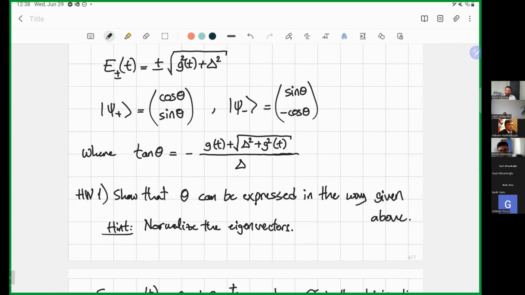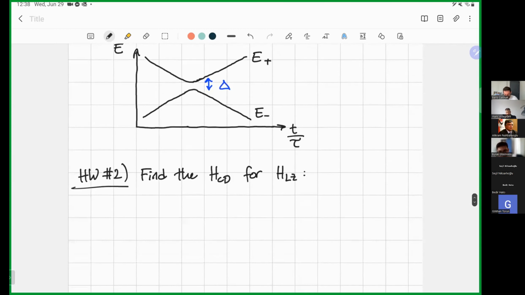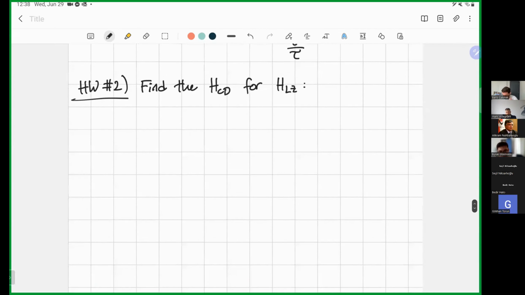So you basically need to consider two terms: one psi plus H dot psi minus, plus psi minus H dot psi plus. There are going to be two terms that you need to add up, and all of these things are matrices, so you need to be multiplying matrices.